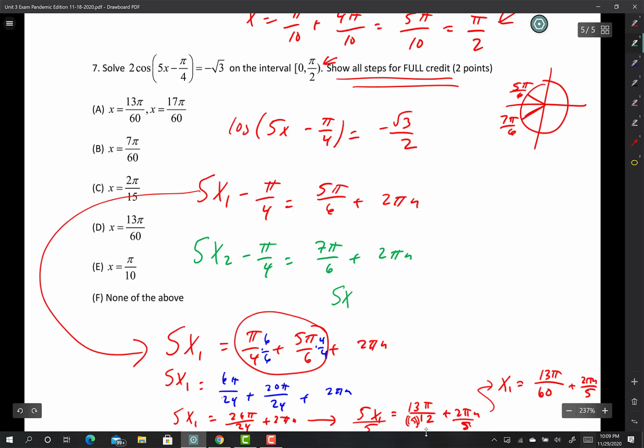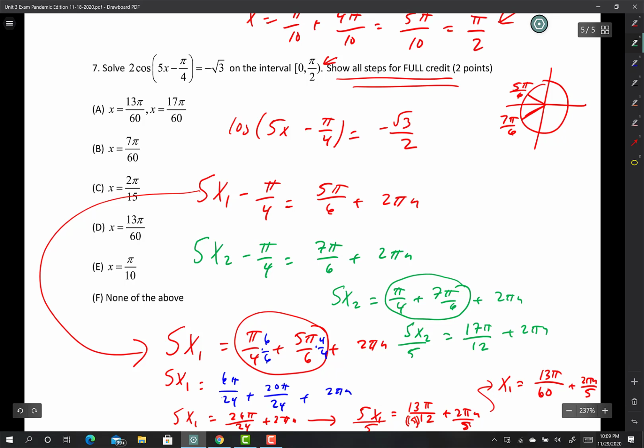So I'm going to write 5x2 equals pi over 4 plus 7 pi over 6 plus 2 pi n. So 5x2 equals, add these together. Use the calculator or find common denominator like we did. So 1/4 plus 7/6 is going to be 17 over 12. So 17 pi over 12 plus 2 pi n.